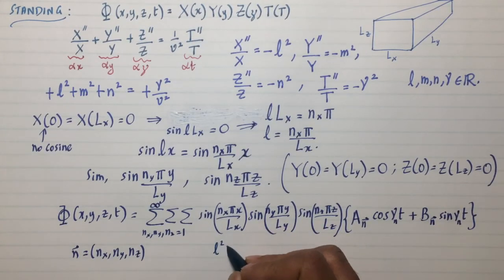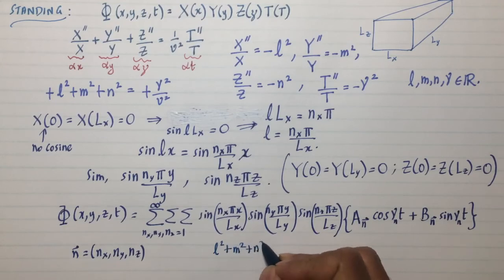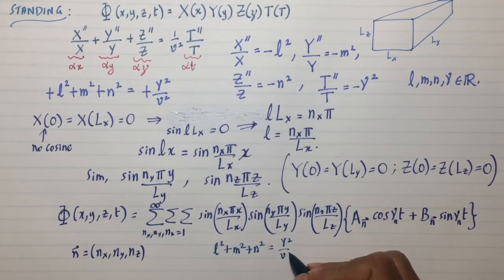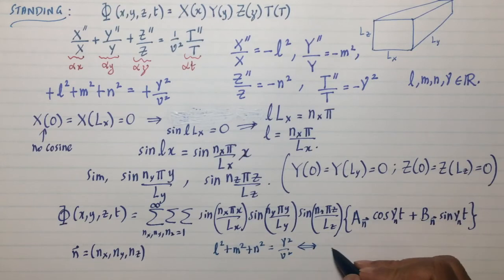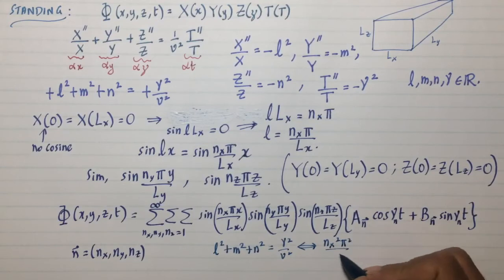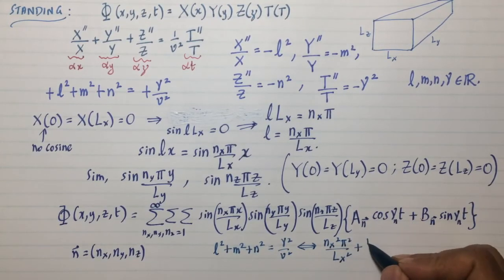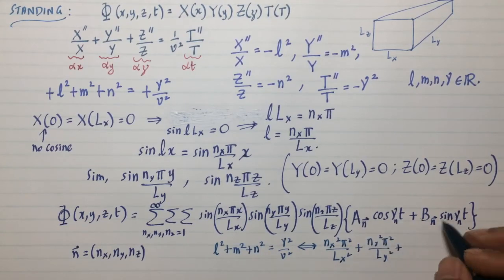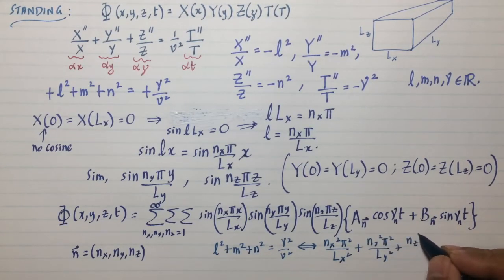where, because I had L squared plus M squared plus N squared equals gamma squared over V squared, we're going to write L squared, which is nx squared pi squared over lx squared, plus ny squared pi squared over ly squared, plus nz squared pi squared over lz squared. This nz is not to be confused with n. That equals gamma n vector squared over v squared.